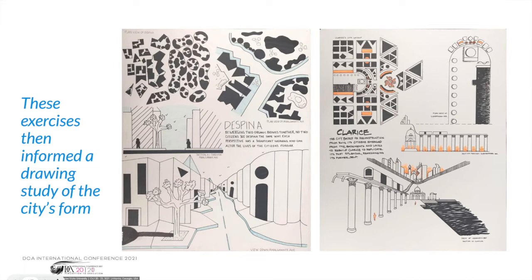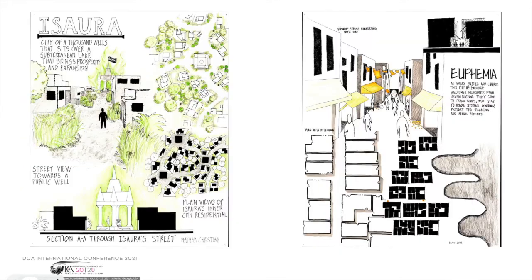So this is another different exercise from a different time, but one in which students really did start to interpret their assigned invisible city from Calvino's text and try to imagine it as a real place, and starting to imagine what it would be like to live there, going from the figure ground and into plan, section, elevation, and perspective.